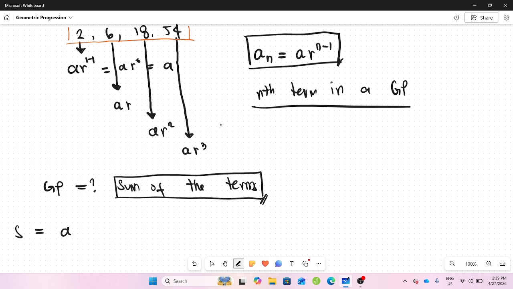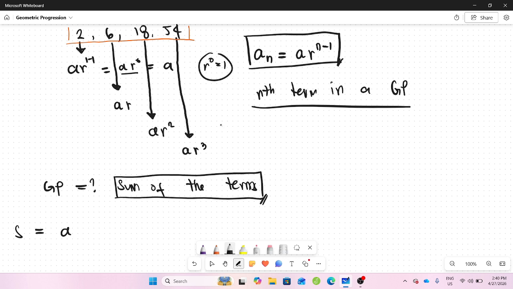A is equal to, since 1 minus 1 is just 0, and any number raised to the power of 0 is just 1, so 1 times A is just A. Let me just change this one to R, to avoid confusion.